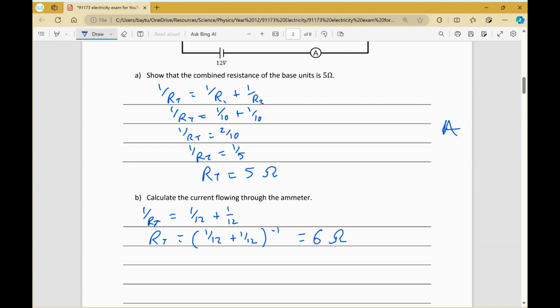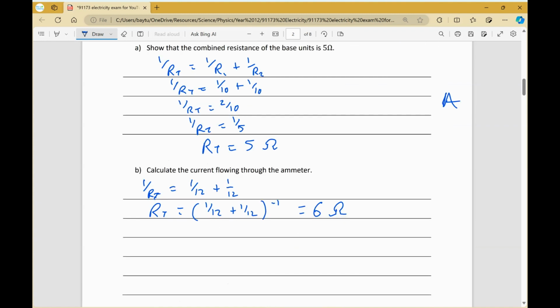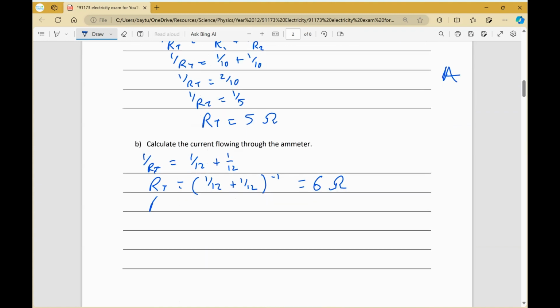Now you'll notice, again, if we just scroll back up, the base units and back units are then in series with each other. So we'll add these resistances, the 5 ohms and the 6 ohms. And that will give us a total resistance in the circuit of 11 ohms.